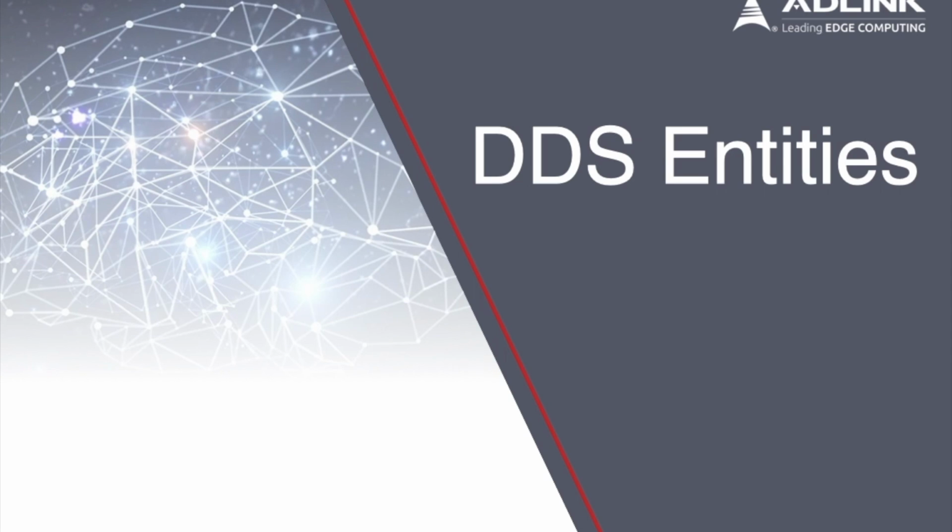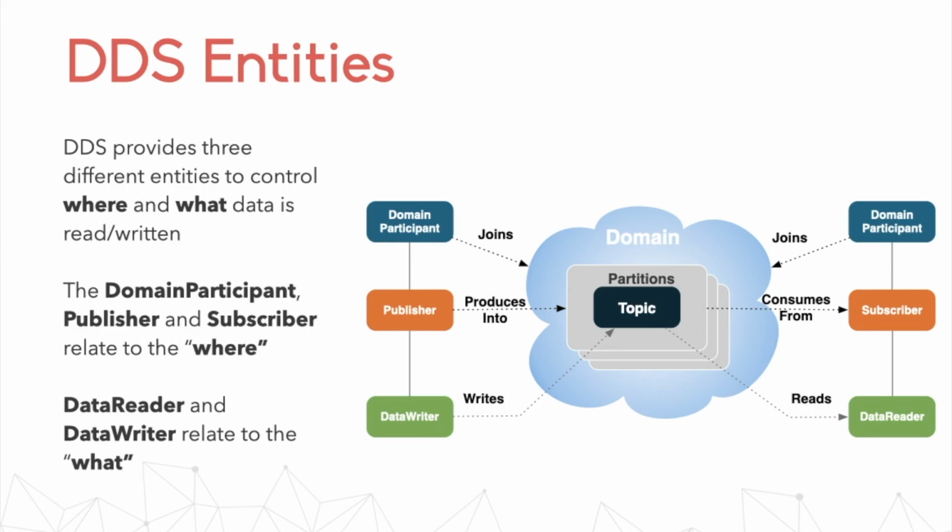Let's take a look now at the various entities that you have to deal with when building a DDS application or a system based on DDS. So the key entities, as you see in this slide, are the domain participant, publisher and subscriber, data writer and data reader, and then obviously you have the topic and the domain. So some of the entities in DDS control where data is written, while others control which data you're going to read or you're going to write.